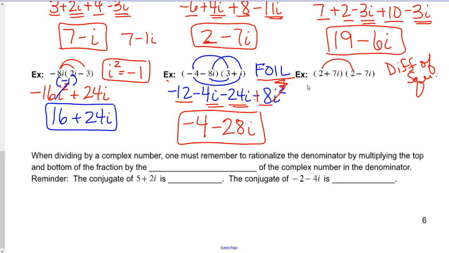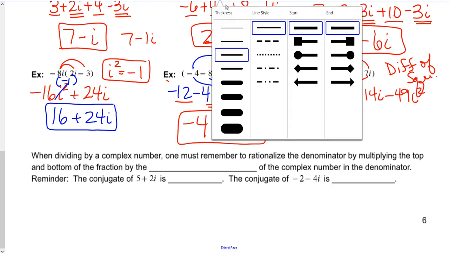So, if you want to FOIL it, that's fine. We'll do both ways. That times that is 4. Outside is a minus 14i. Inside becomes a positive 14i. And then my last terms become -49i squared. Okay? Now, i squared is, again, going to be a -1.